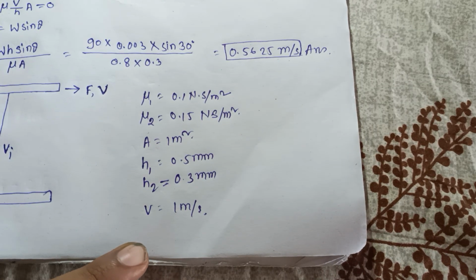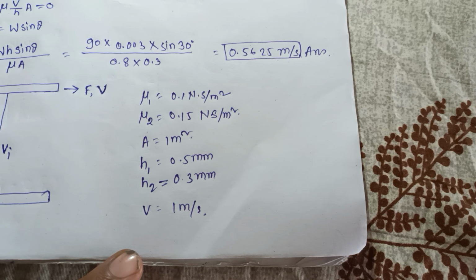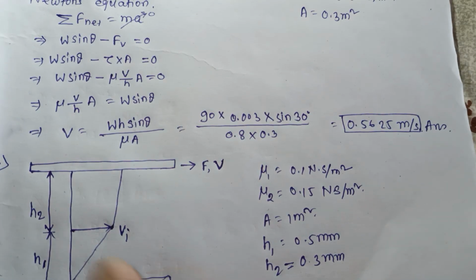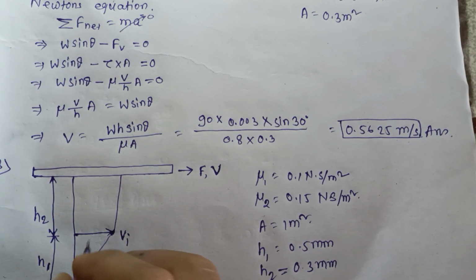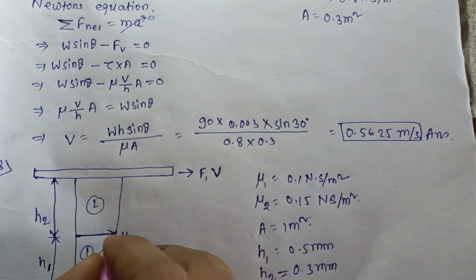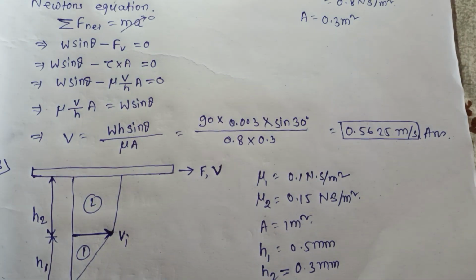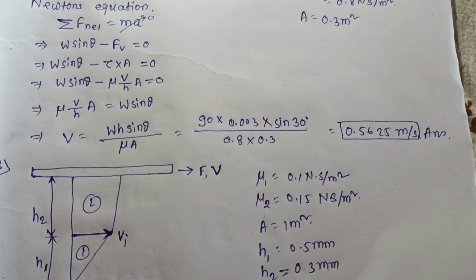What is the fluid velocity at the interface between the two fluids? There is fluid 1 and fluid 2, and you have to calculate the interface velocity between the two fluids.